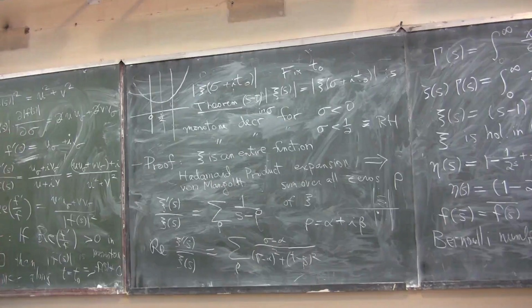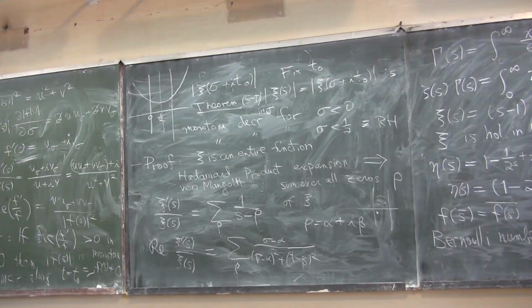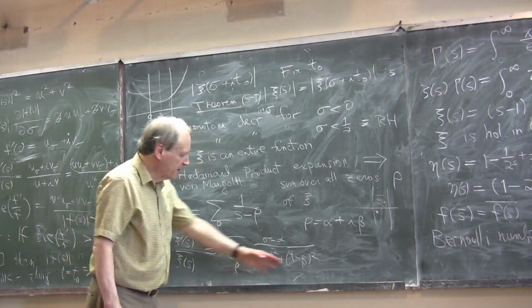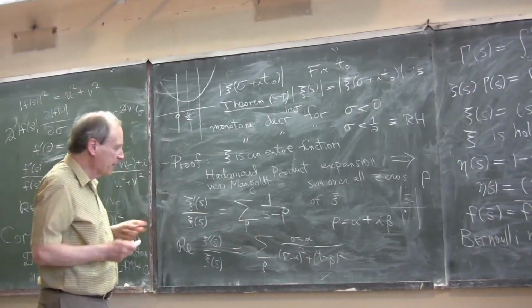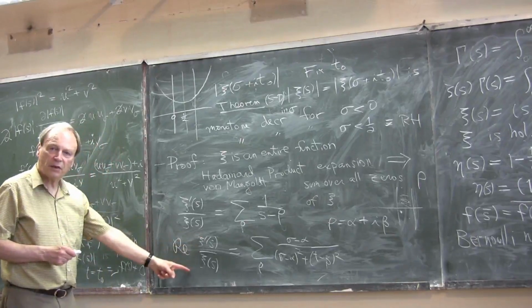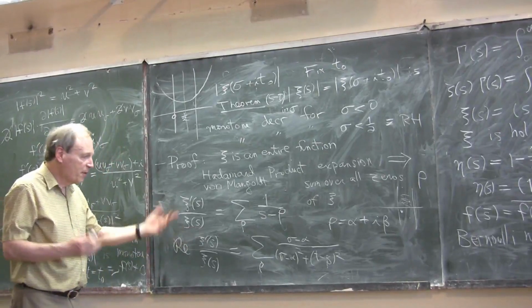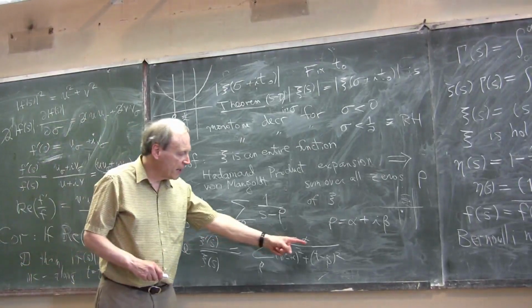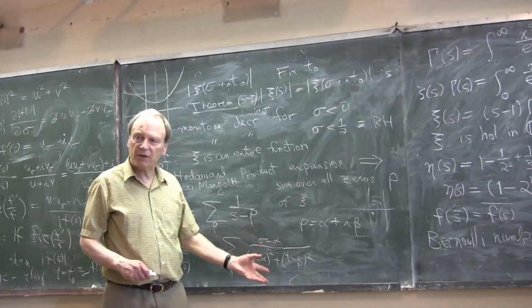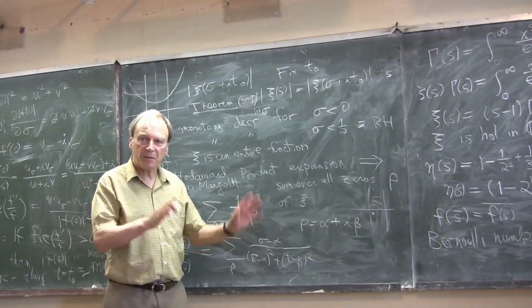So the denominator is just the norm squared of the complex number. The difference, it's positive. And what we're interested in is when is this going to be positive? Well, clearly, if sigma is greater than the real part of any zero, this will all be positive terms, and the sum is positive.